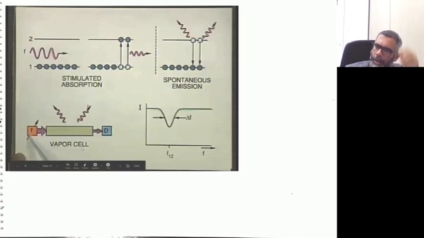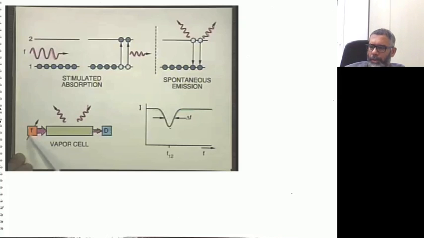Okay, and this is the signal that comes from this detector, because when you send some frequency of light which is not equal to this F12, the energy difference between these two levels, there is no absorption at all, and whatever you send, you will detect the same intensity in the detector.